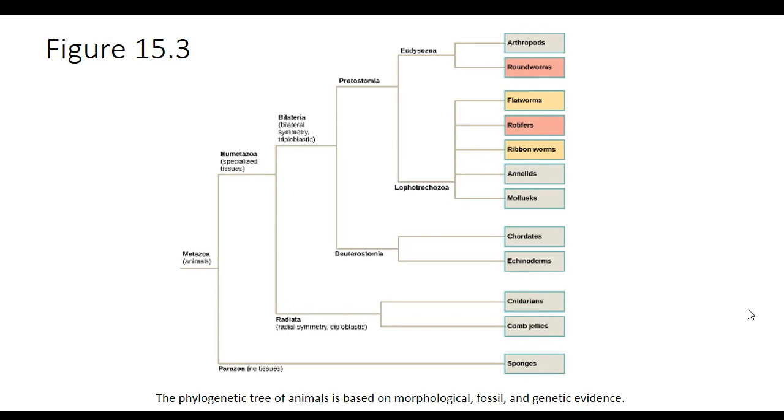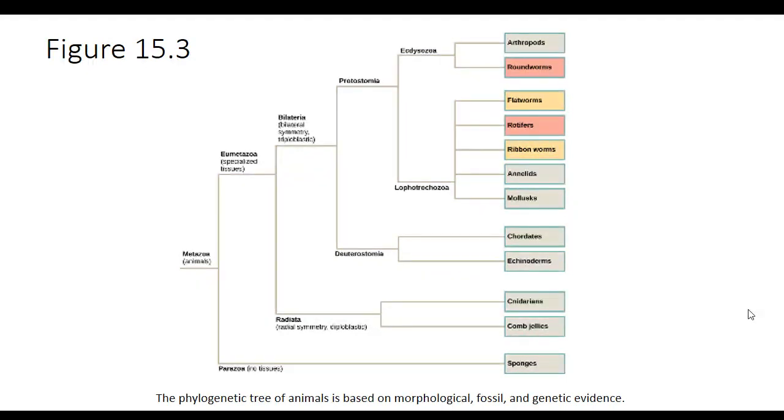And unlike us, which have a left and right half. So that's what bilateria means: left and right, bilateral symmetry. Protostome, deuterostome, we haven't said what that means yet, but we'll see in a minute.